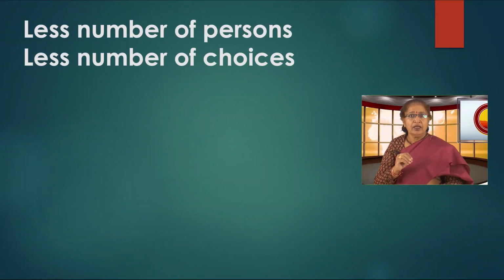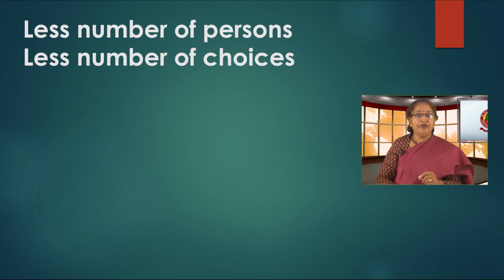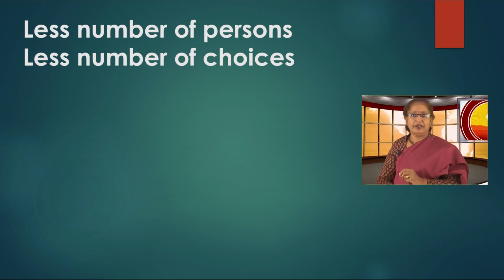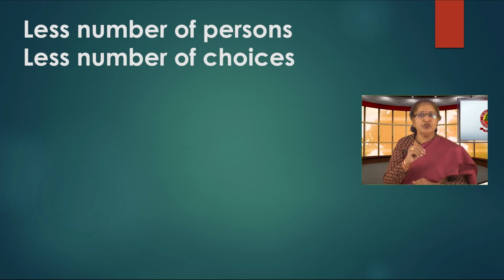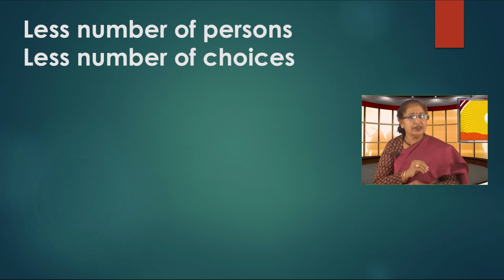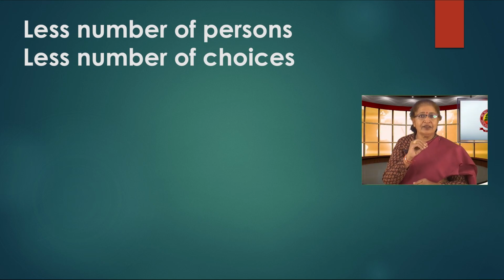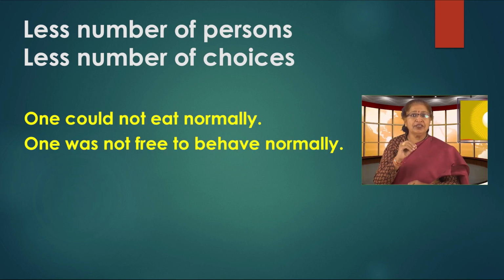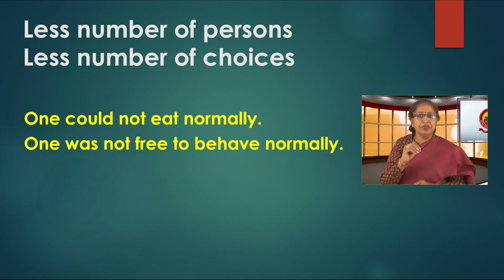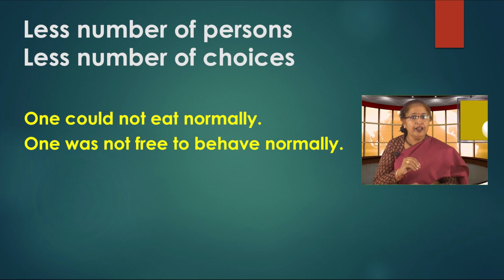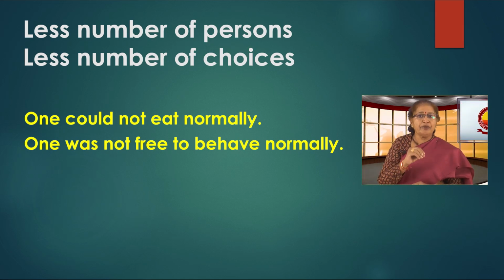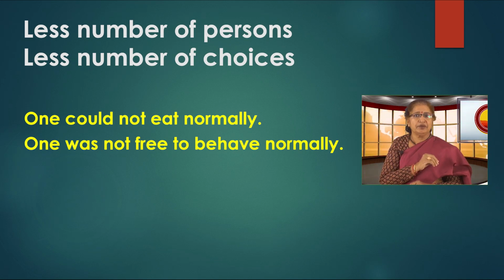In contrary to this, if we look into the first situation, the number of cases was less and hence the number of choices was also less. This resulted in more consumption of some specific type of food, and therefore, other types of food remained less consumed.